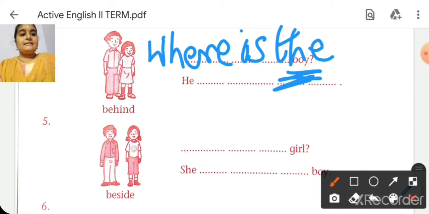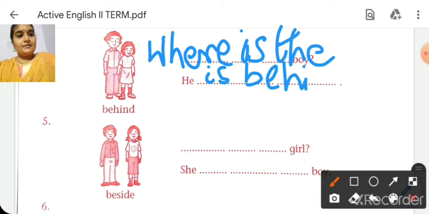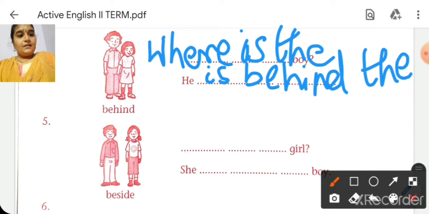Where is the boy? He is behind the girl.